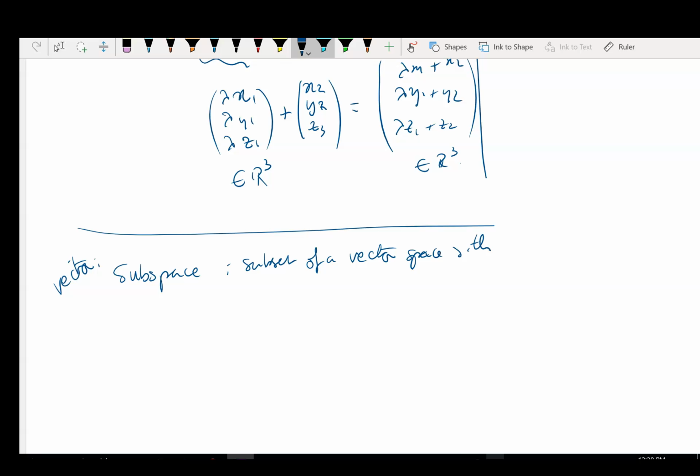How can we write this? So a subset, let's call that U, of a vector space V, is such that for any V1, V2 that belong to U, for any lambda that belongs to R, then lambda V1 plus V2 stays in that subset.